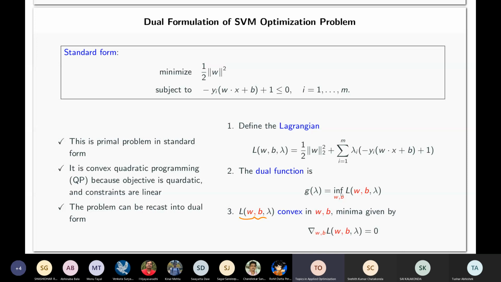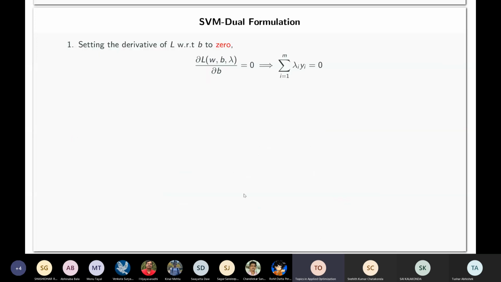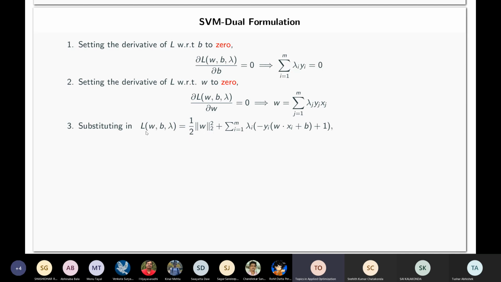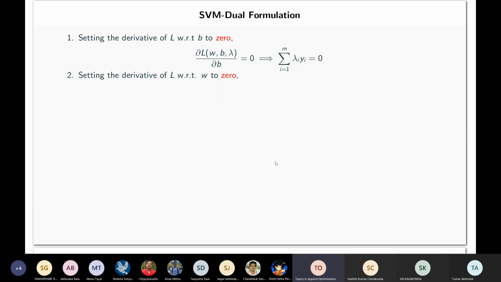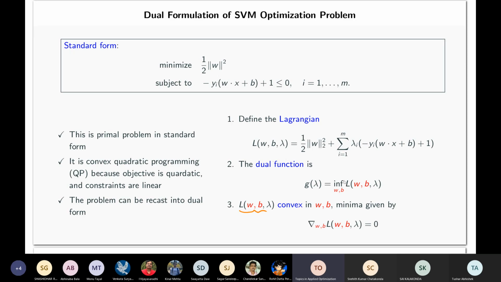We equate the gradient to 0 and solve for W and B. We take the derivative with respect to B and with respect to W, and this is the W we get. We substitute it in the Lagrangian, and this is what we get after substituting. In other words, we have infimized over W and B.